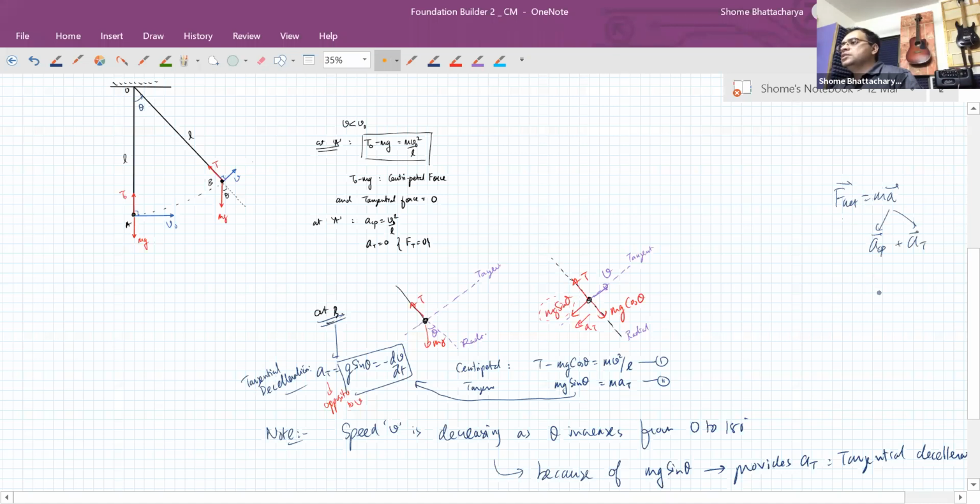So the net force also we divide like this. The centripetal force is mass into centripetal acceleration. The tangential force is mass into tangential acceleration. Each of these equations is doing this. This is the centripetal direction and this is the tangential direction. And likewise earlier we saw this was the centripetal force, this was the tangential force. Tangential force was 0 at A. So that's why the tangential acceleration was 0.